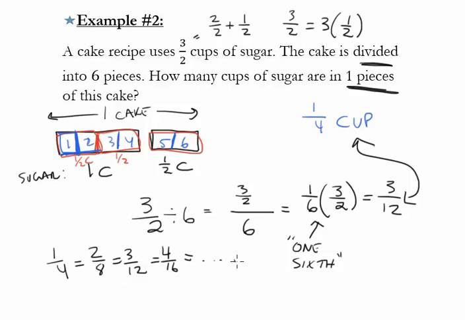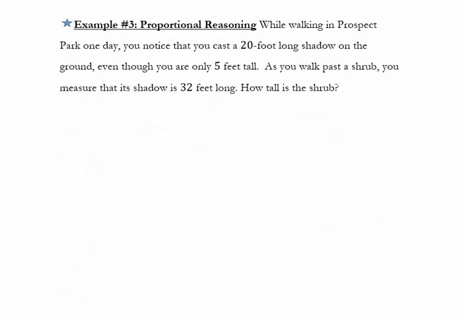There's an infinite amount. In fact, if I take any 2 of these numbers and show that they're equal, this is a proportion. So let's take a look at a proportion, one quick example.